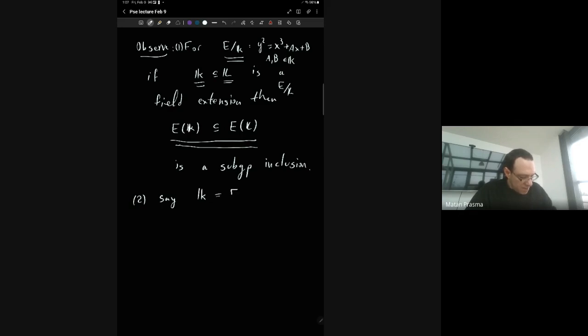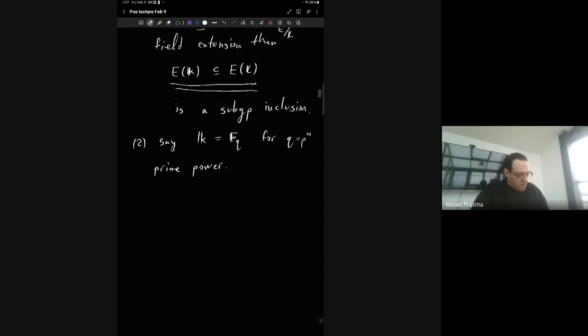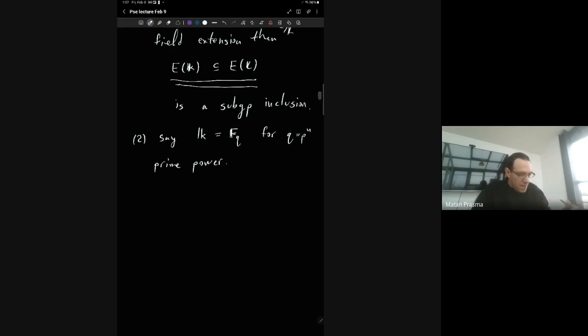So let's say it's F_q for some prime power q, and then we have an elliptic curve defined over F_q. Remember that we have a kind of partially ordered set of all field inclusions.